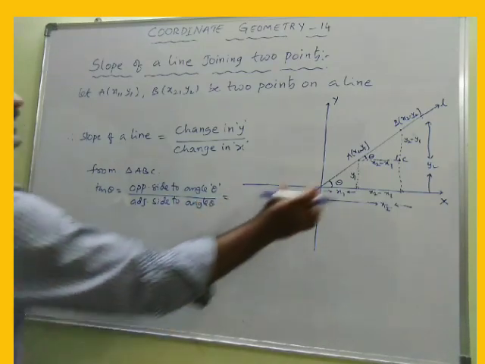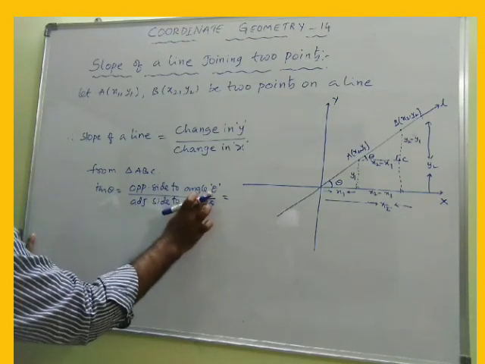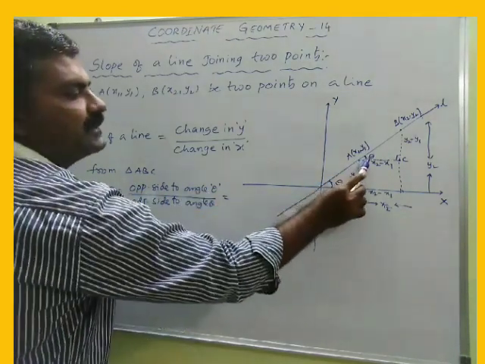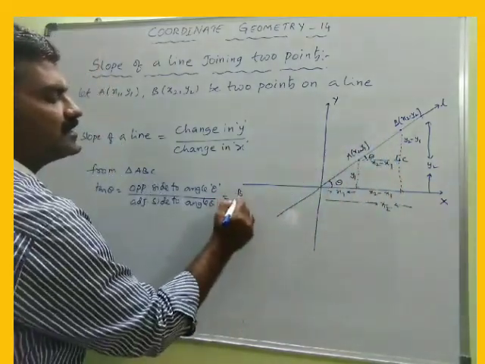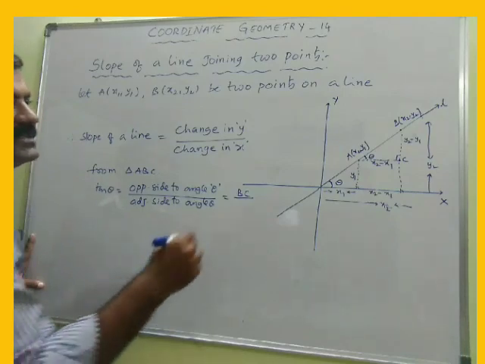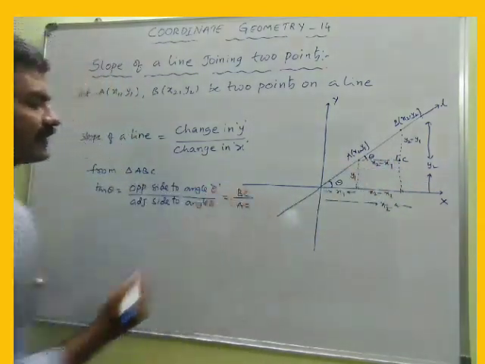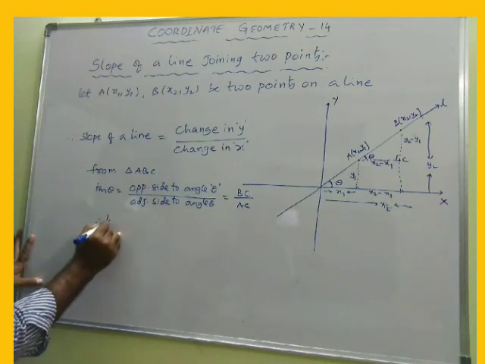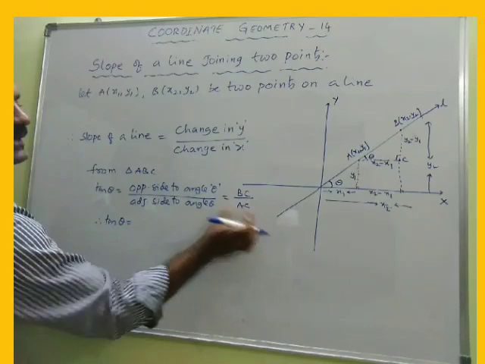Now in this triangle ABC, let us see what is the opposite side to angle theta. If it is theta, then the opposite side is nothing but BC, by the adjacent one, which is nothing but AC. Therefore tan theta is equal to BC by AC.